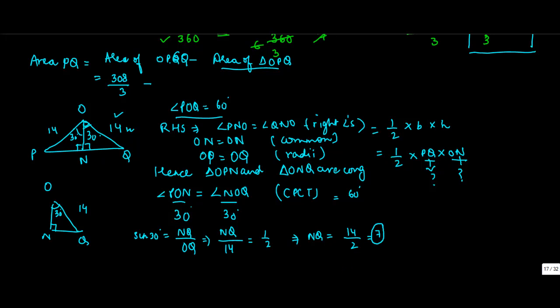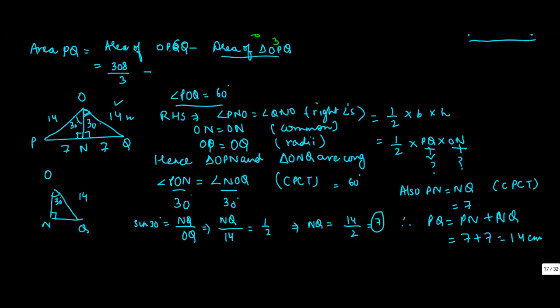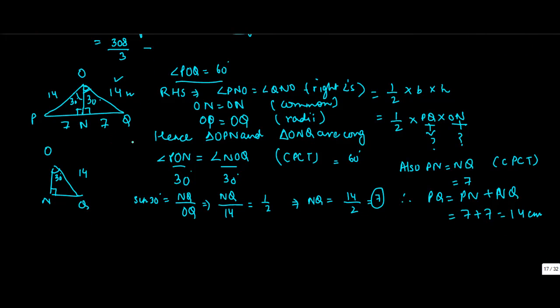Also PN is equal to NQ, because these are corresponding parts of congruent triangles, is equal to 7. So PQ is equal to PN plus NQ is equal to 7 plus 7 is equal to 14 centimeter.